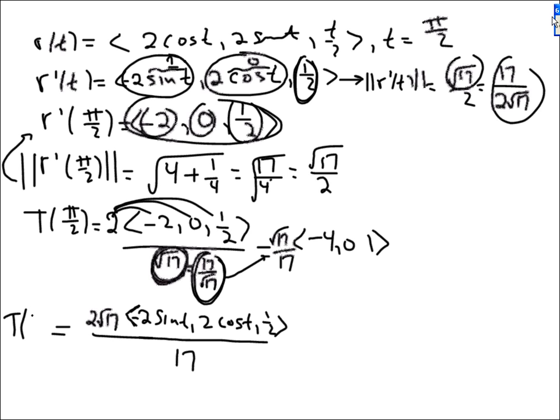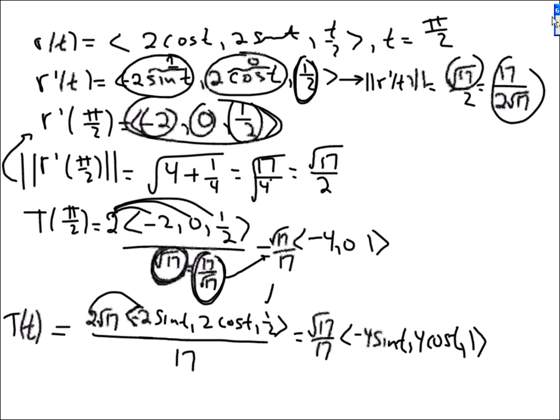This is T of t. And if I distribute the 2, I get square root of 17 over 17. So when I distribute the 2, that last component becomes 1, a nice integer. It used to be a fraction, now it's an integer. That's T of t.